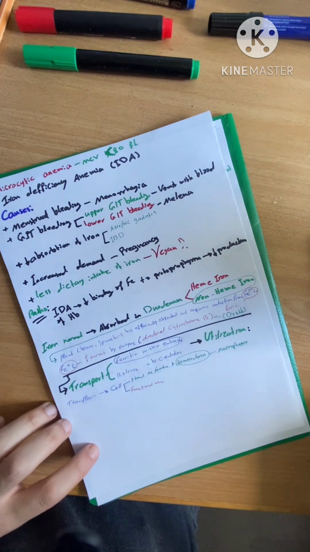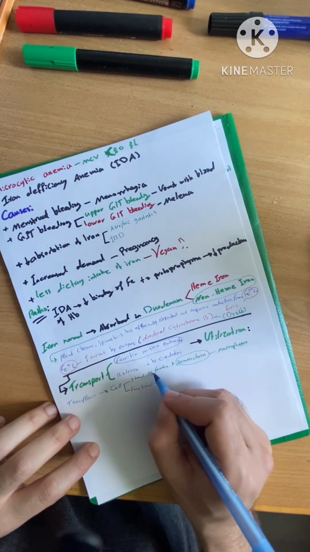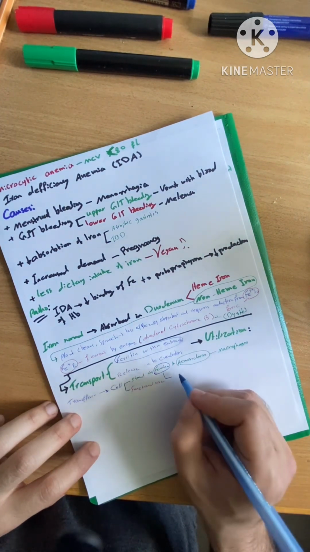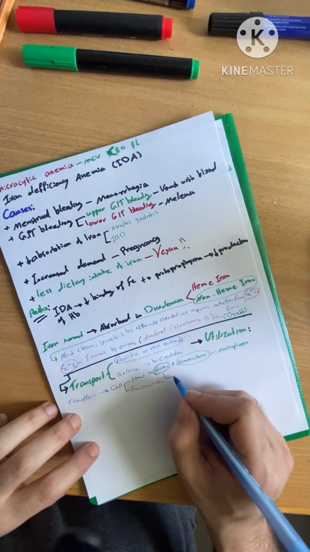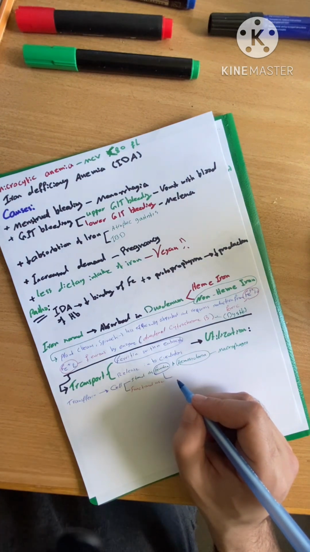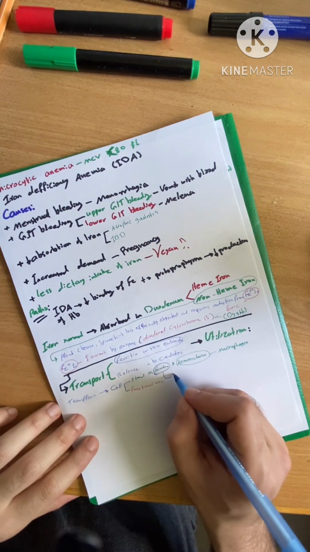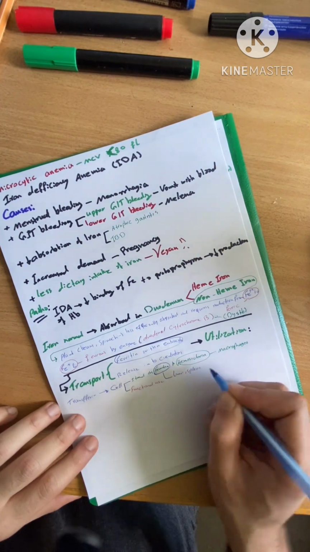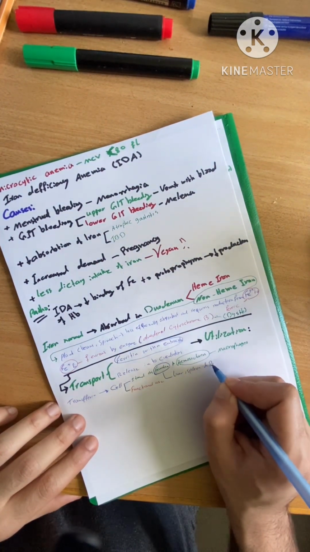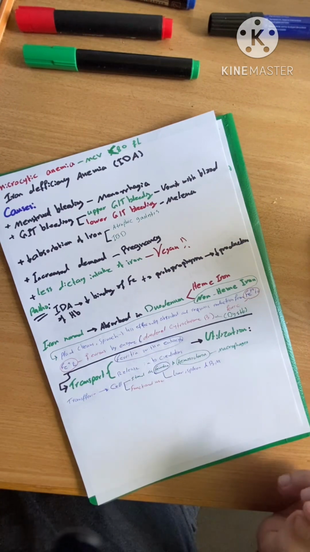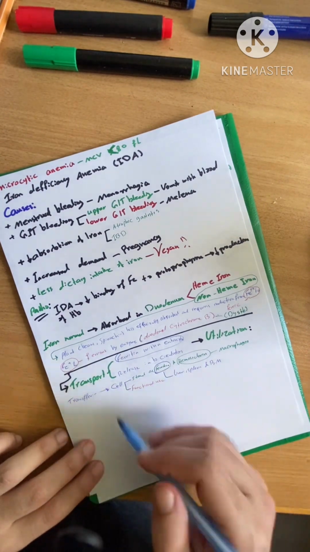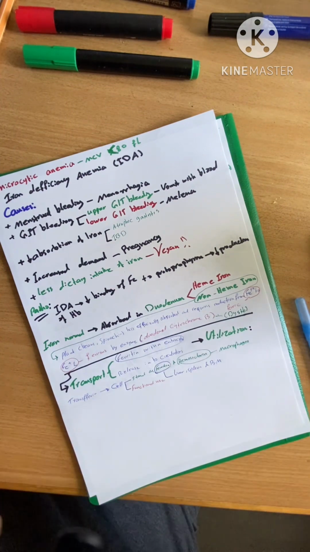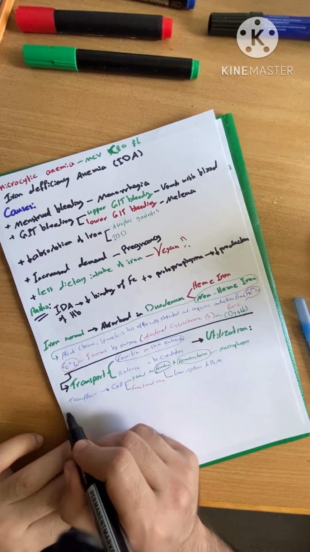What we need is ferritin, which can be stored in the liver, in the spleen, and bone marrow. So that was the circulation of iron in our body, the normal circulation.